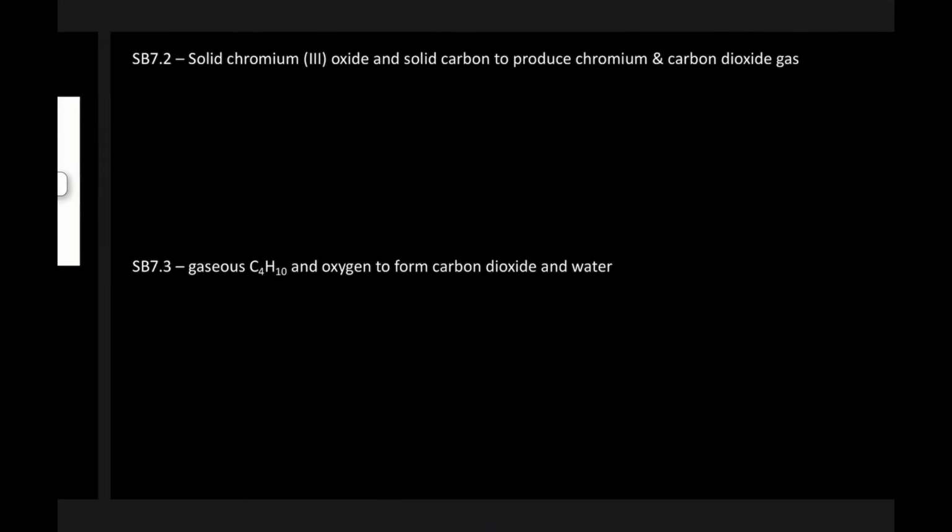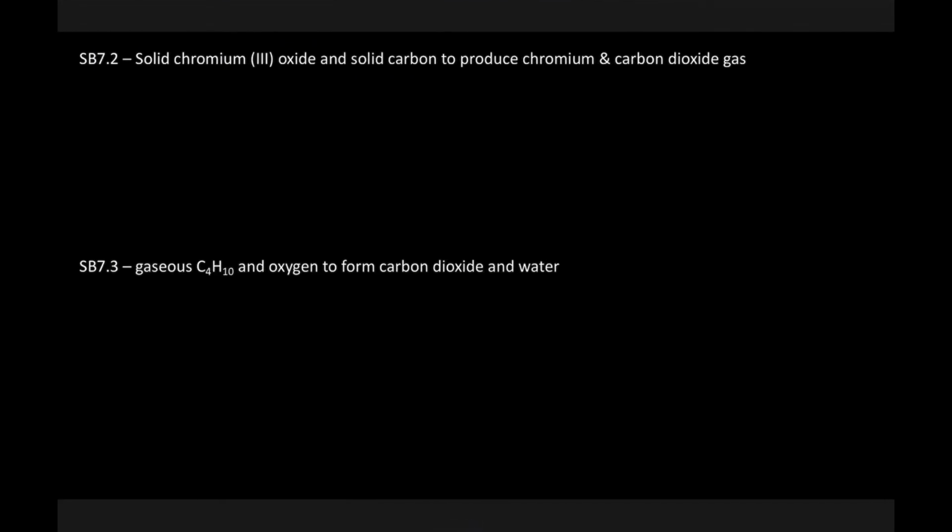Okay. So then let's go ahead and do a few practice problems. It says that we have solid chromium 3 oxide and solid carbon produce chromium and carbon dioxide. So first, obviously, we have to use our skills that we've acquired since chapter 5 to put these formulas together. So we have Cr3+.